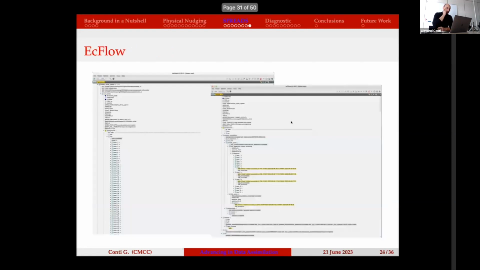And in order to facilitate the analysis of the data assimilation procedure, we translated our scripts for SPREADS into EcFlow. In this way, we have graphical tools that allow us to follow all the chain of the assimilation from phase 0, 1, and 2, and we can monitor where the system is stuck, if everything is going okay, and if we need to resubmit something, in an easier way.